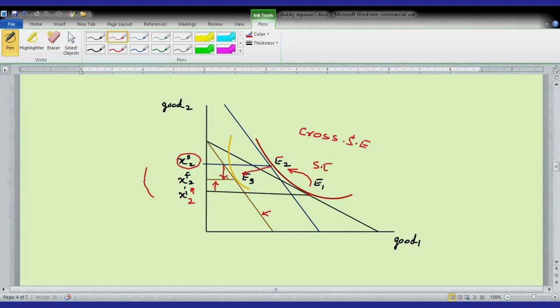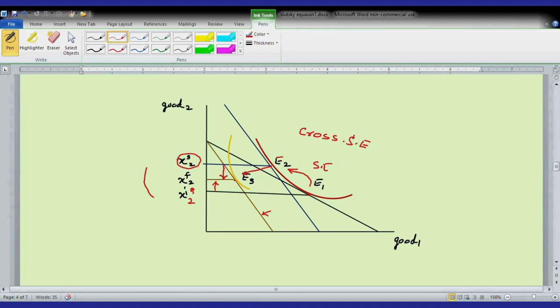Now see that in terms of substitution effect, consumption of good 2 increases. In terms of income effect, the consumption of good 2 decreases. In this particular case, when we move from point E2 to point E3, this is a movement from a higher income constraint to a lower income constraint, and we can conclude that as income decreases, consumption of good 2 decreases from X2S to X2F.